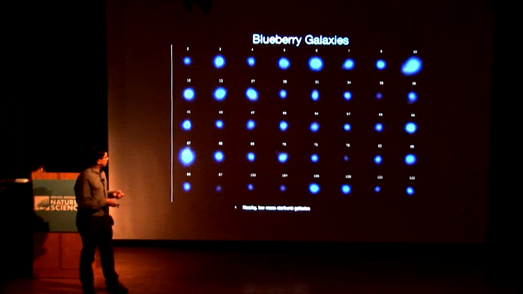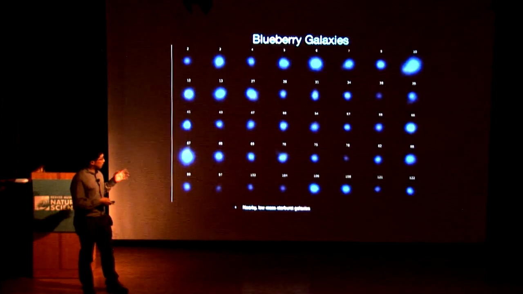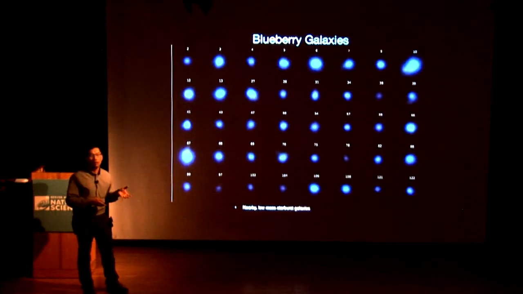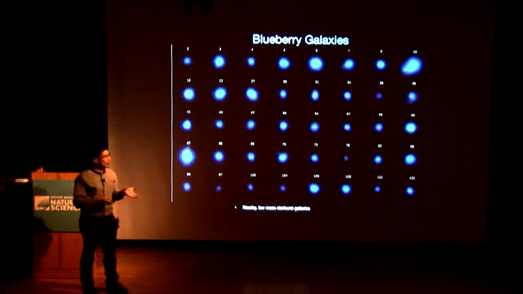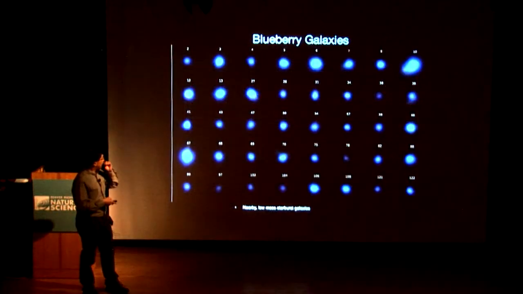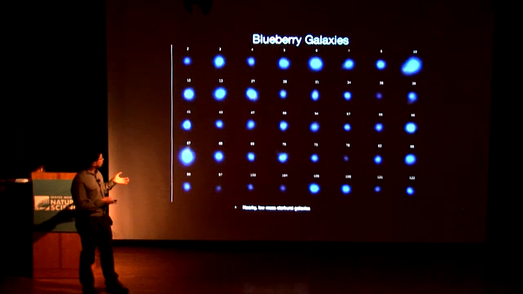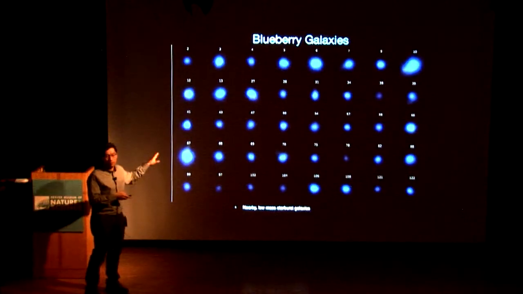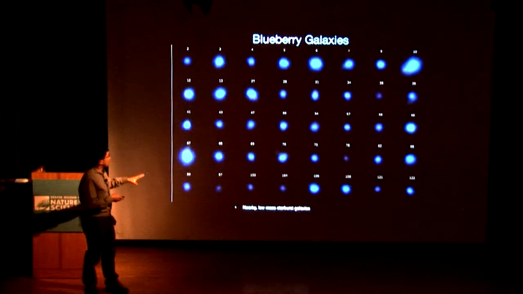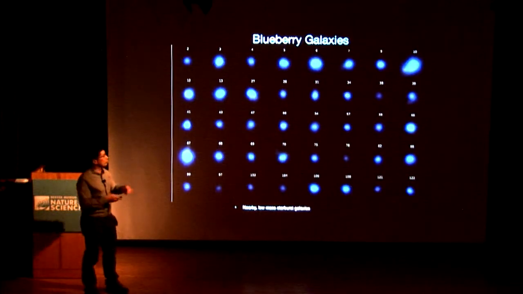What's crazy about these galaxies is that not only are they really small, they're typically on the order of 10,000 times smaller than our own Milky Way. So the blueberry galaxies are nearby, low mass, but they're forming lots of stars, which is why they're blue.